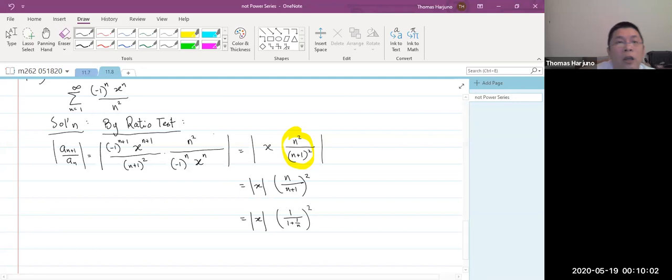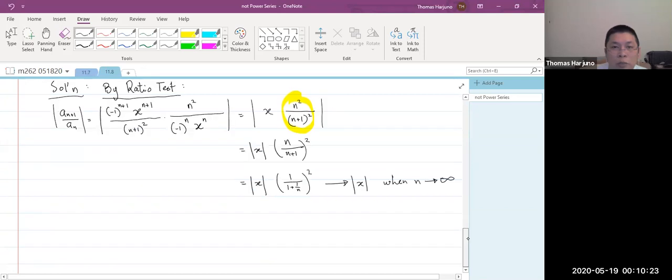Okay. And then this will converge to absolute of x when n goes to infinity. Now, for this ratio test to make it convergent, the limit L has to be less than 1.